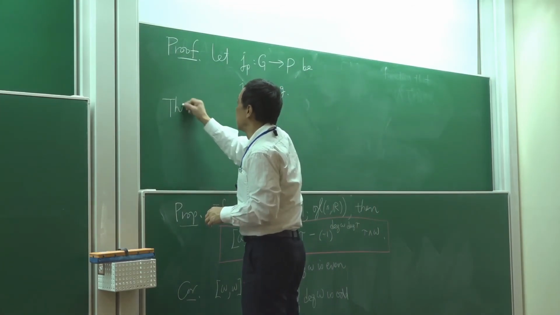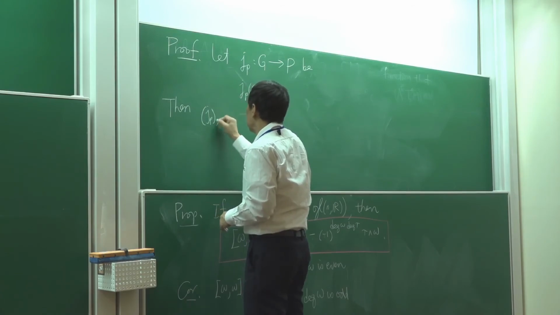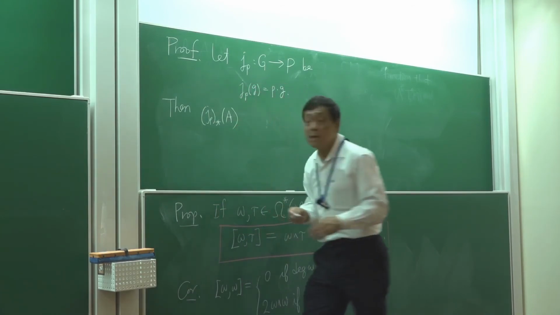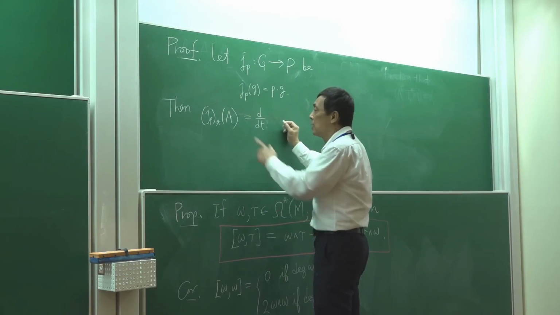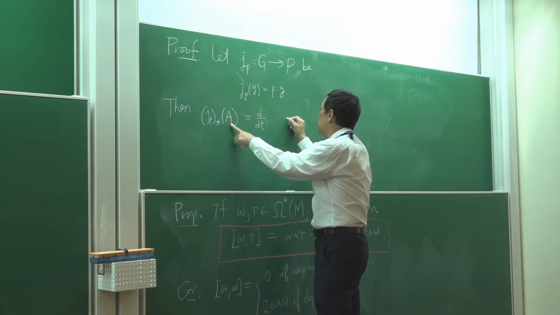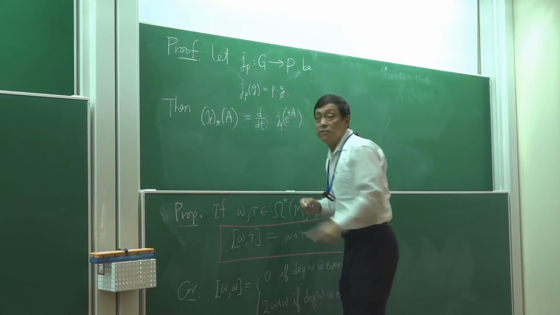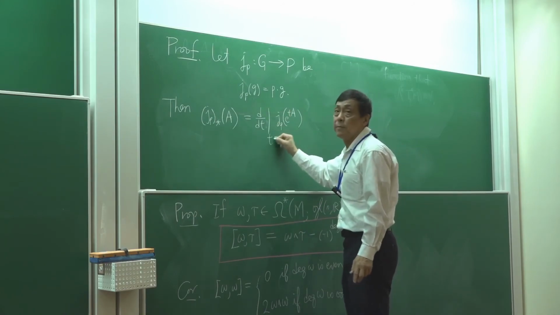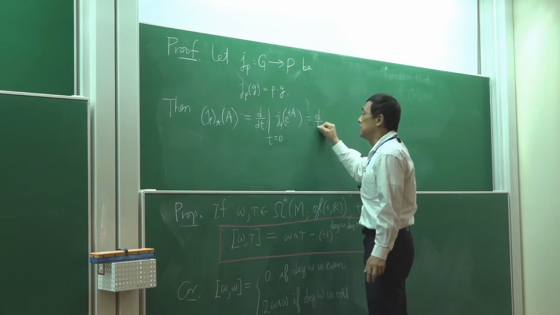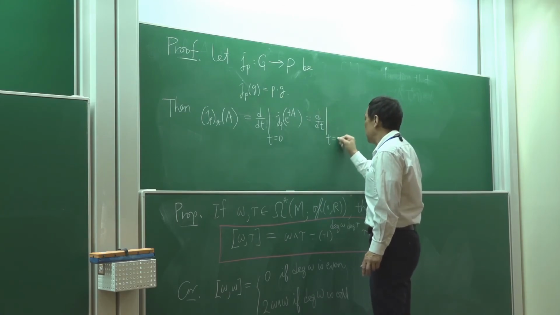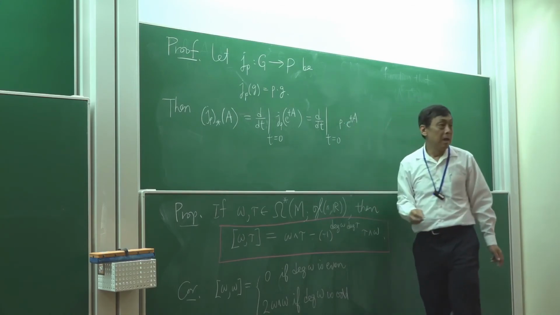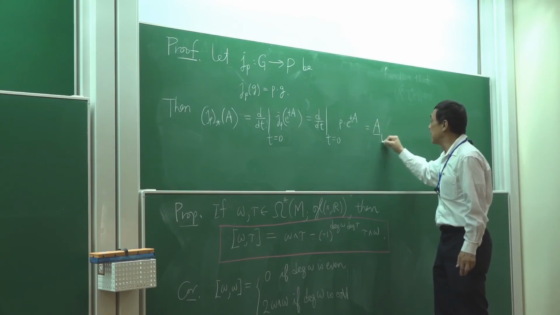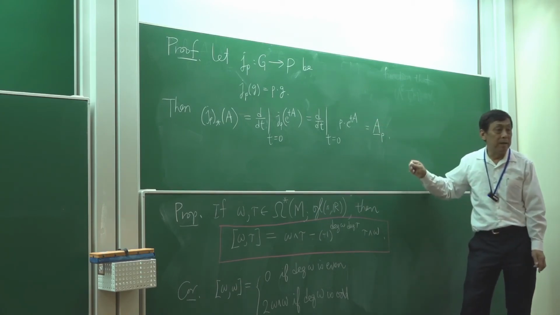Then to calculate the differential of j_p, I take a curve with initial vector A, so that's e to the tA, and then I take the image of that curve and then differentiate with respect to t. So this is d/dt at t equal to 0 of p e to the tA. And that's the definition of A bar at p.